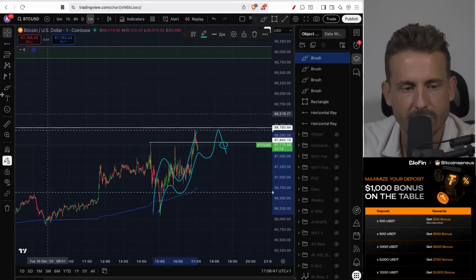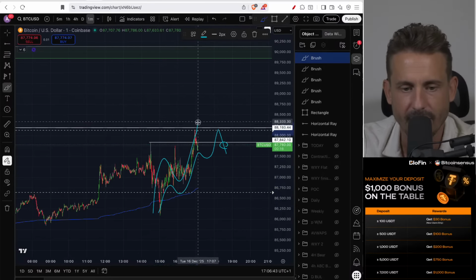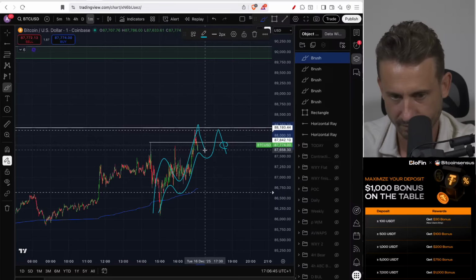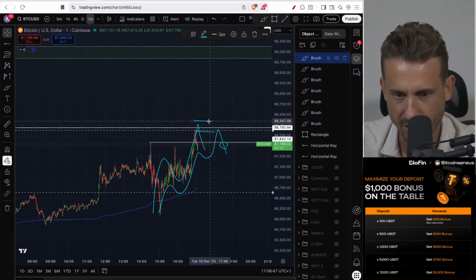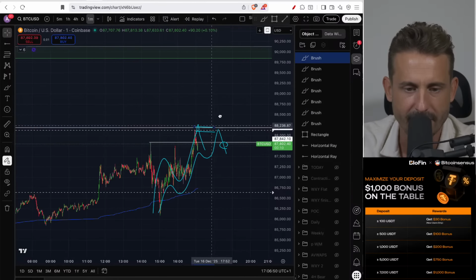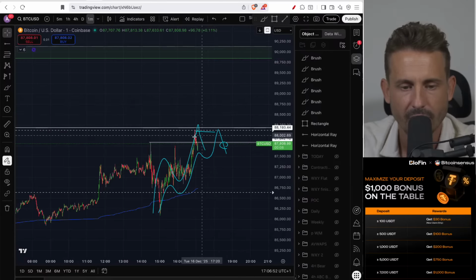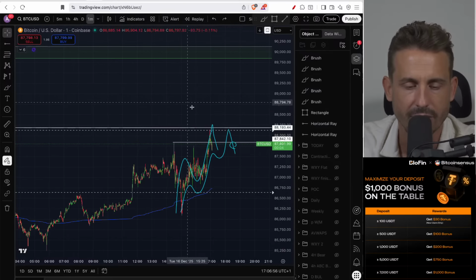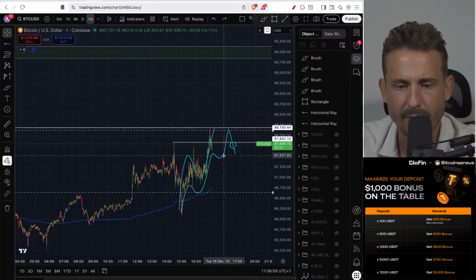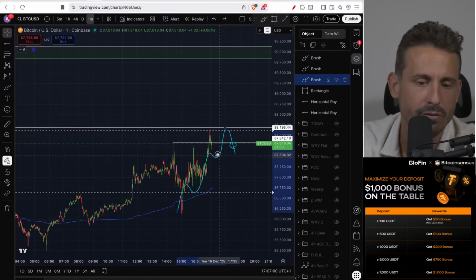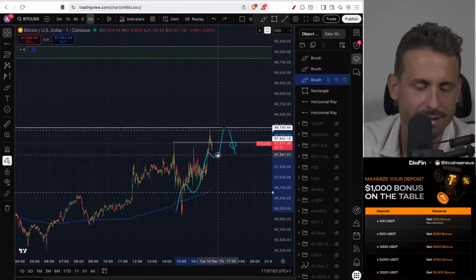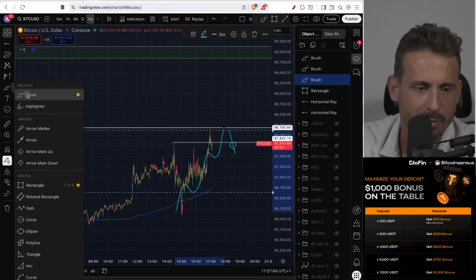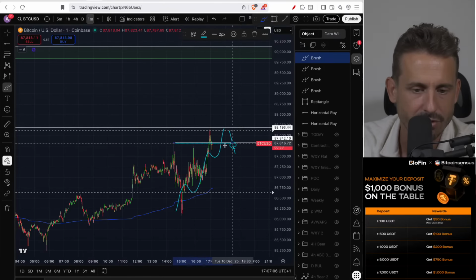It would have been an awesome entry if we would have wicked $50 more. Good entry, good stop loss, very defensive, very small stop. But we missed it by $40 or so, so it's not a valid entry for me. If we would have moved up here like this, I would have been a little bit more confident in taking this short right now.